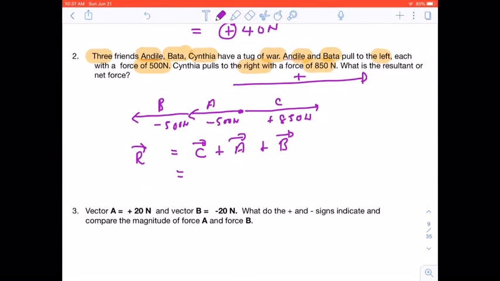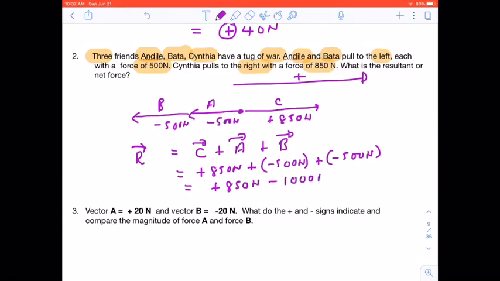Now here we have Cynthia in the plus direction, so it's plus 850 newtons, and Andile is in the opposite direction, so it's minus 500, and Bata is also in that same direction, so it's minus 500 newtons, which means plus 850 newtons and minus 1000 newtons.